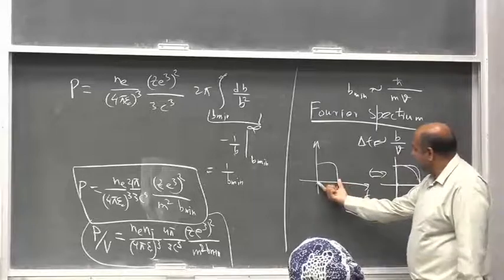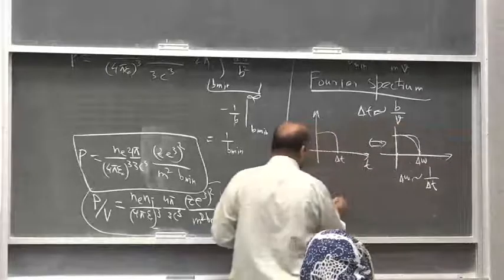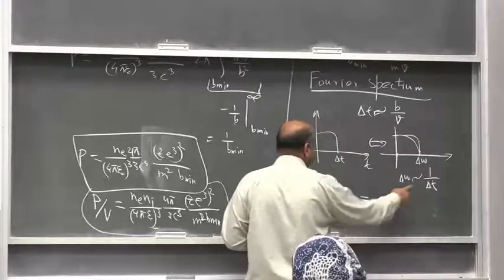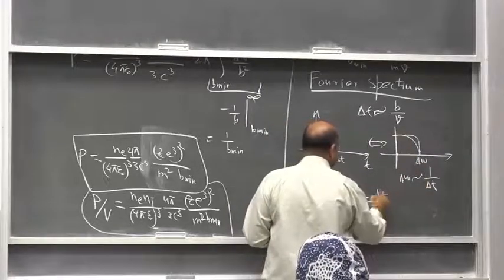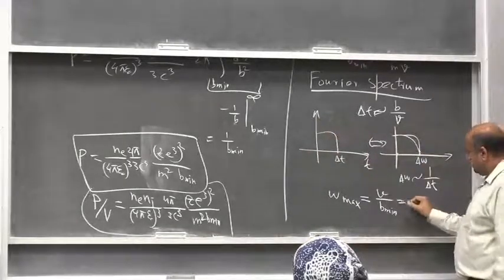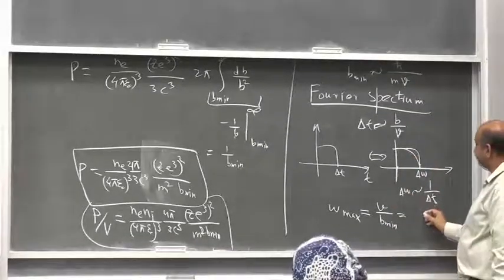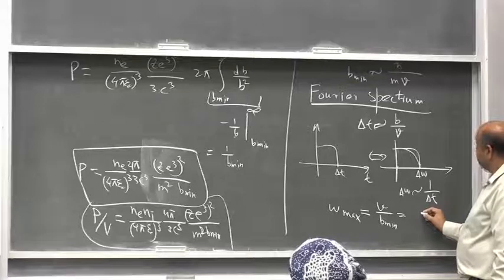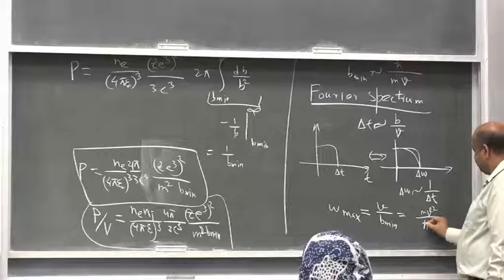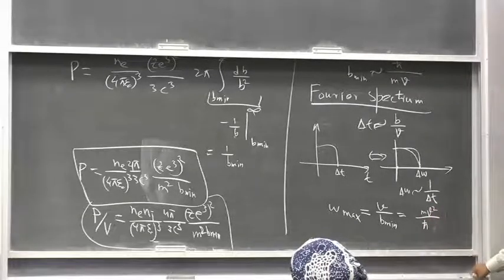Delta t would be smallest when b is minimum. So it means that the maximum possible frequency omega maximum is equal to v over b minimum. और अगर b minimum की वैल्यू पुट करते हैं आप uncertainty principle से, you get mv square over h cut. Does this relation make sense?